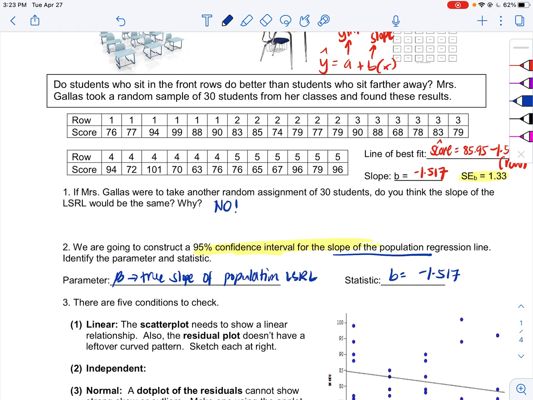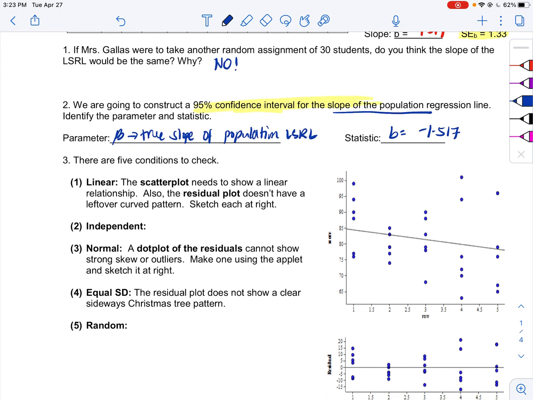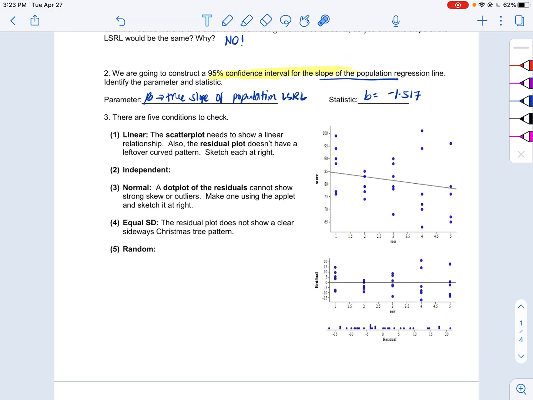And this is the only annoying part because you have to check 5 different conditions, instead of 3 conditions. Remember Stapplet.com? We did this one in the first quarter.